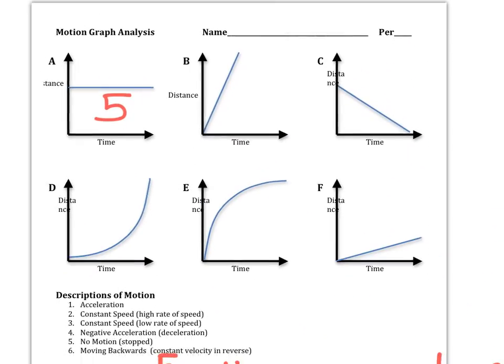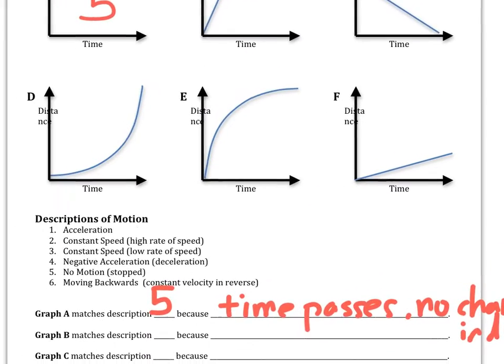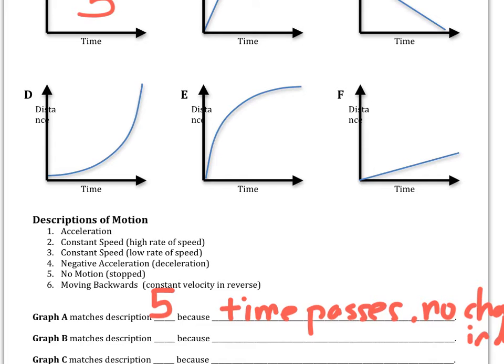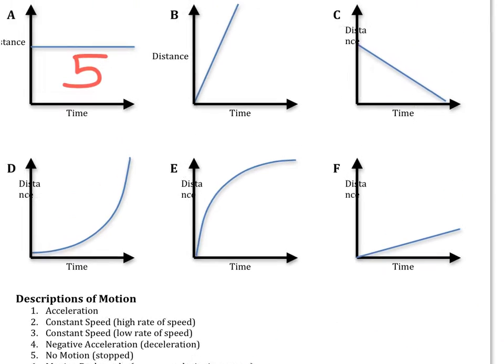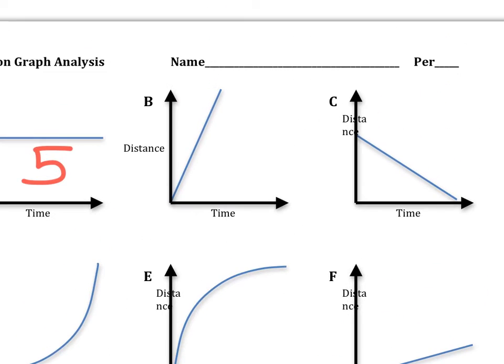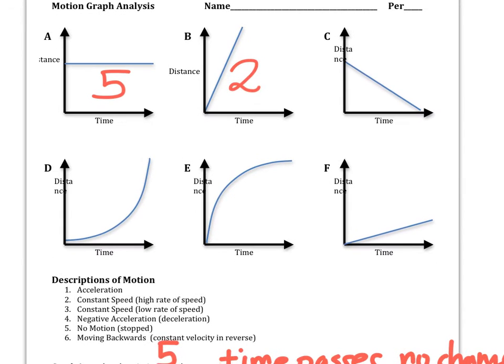For graph B, the best description here is constant speed, high rate of speed. This is number 2. Now, why high rate of speed? If we look at a comparison between B and F, we can easily say that F is constant speed and a low rate of speed.